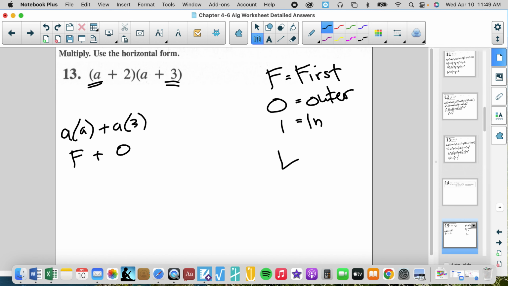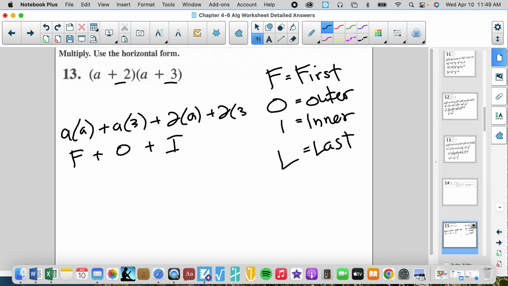I is inner. The inner two terms are these, plus 2 times A. That's my I. And then L is last, and my last are the last of the binomials. And that's going to be 2 times 3.